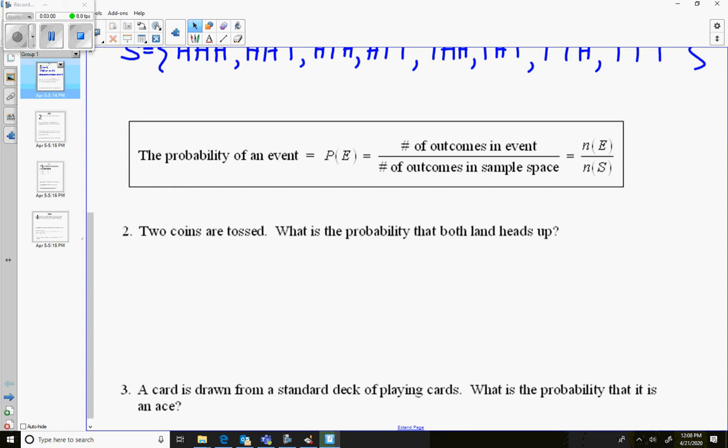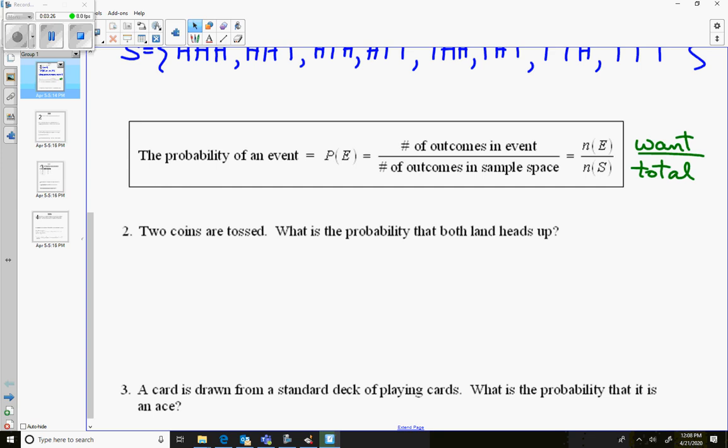Usually I simply say the number of ways of getting what it is you want, whatever it is we're trying to do, divided by the total, which is the number of outcomes in the sample space. So I usually think of this as want over total, but it's whatever the event is you're trying to get divided by the number of outcomes in that sample space.